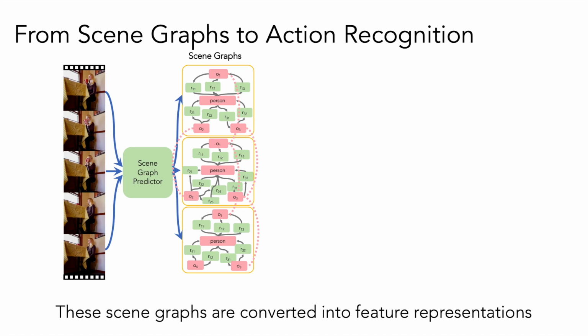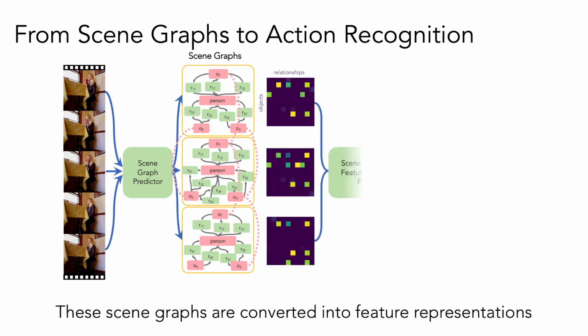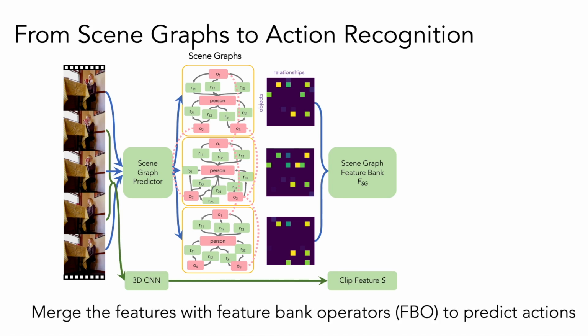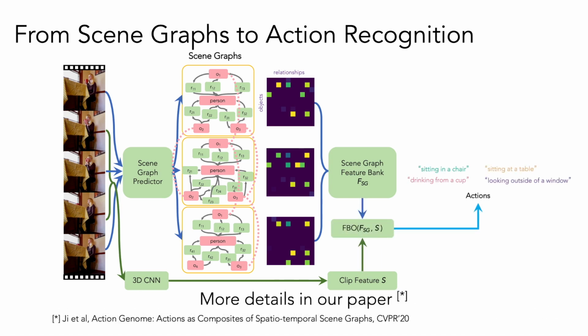These scene graphs are converted into feature representations, for example, a matrix of objects and relationships. We also extract short-term clip features using a 3D CNN. Then we merge the features with feature bank operators to predict actions. There are more details in our paper published in ECCV 2020.